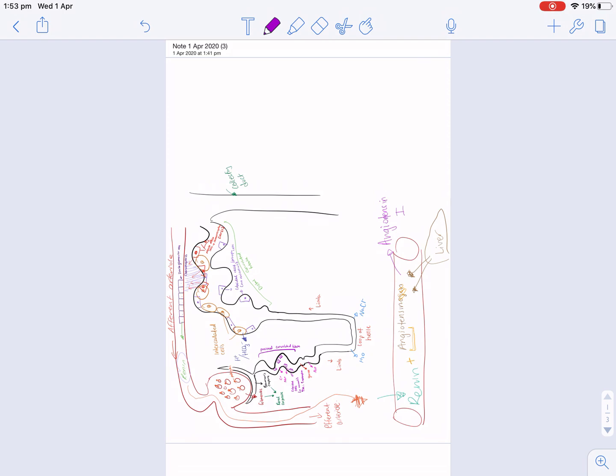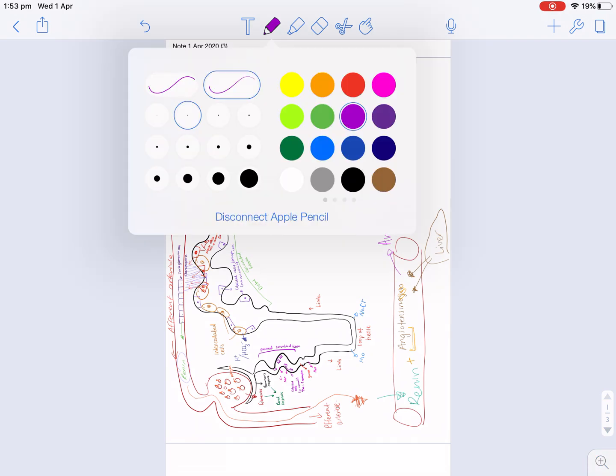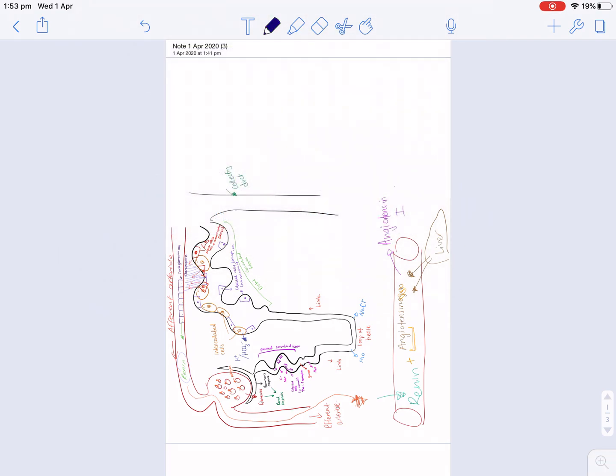Now, the way that we get angiotensin 2 is that this angiotensin 1 will travel to the lungs, and within the lungs, we find something called an angiotensin converting enzyme, or ACE.